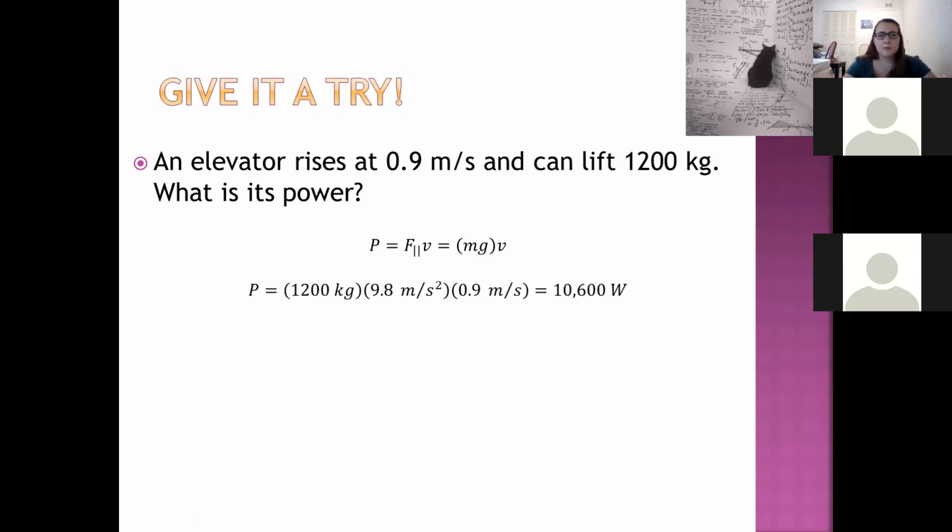G is 9.8 meters per second squared. Velocity is 0.9 meters per second, and that gives us a power of 10,600 watts. You could put that into kilowatts if you would like to. It'd be 10.6 kilowatts, but I didn't ask for a specific unit, so you are welcome to leave it in watts as well.